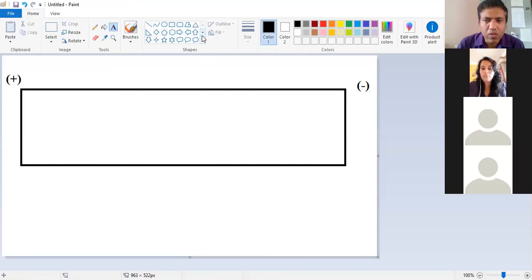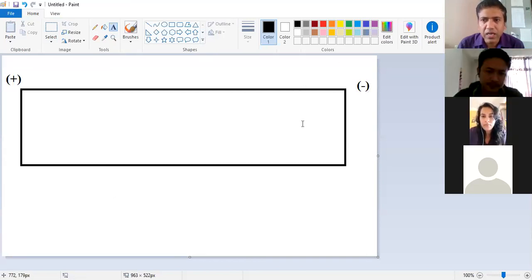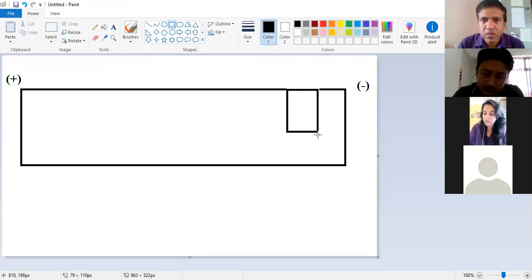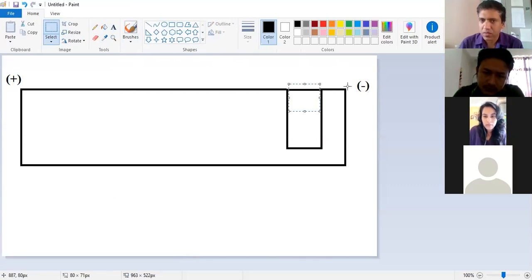Now in the gel we have the well. The well looks like this, and the complete gel is submerged in the electrolyte solution.